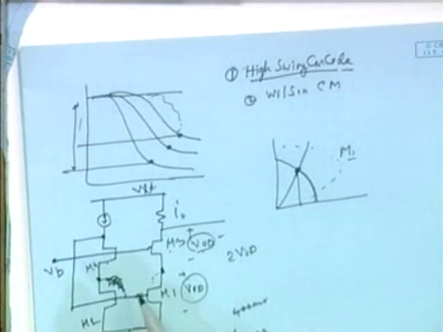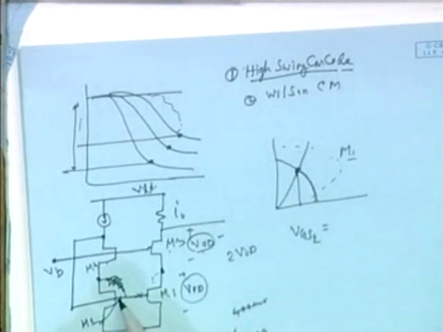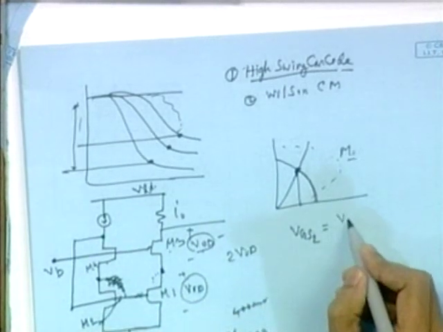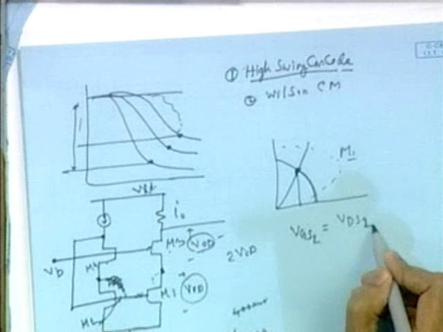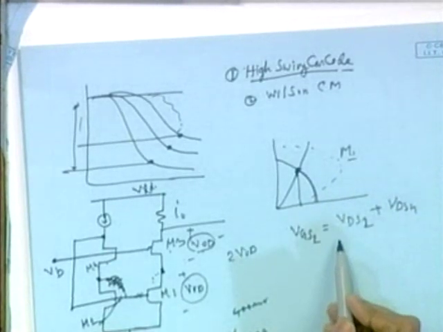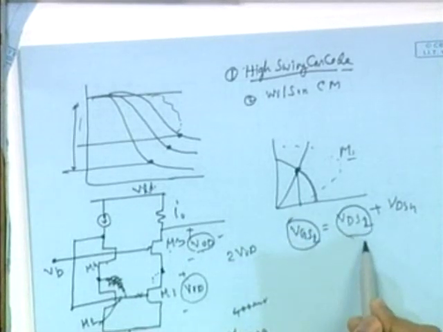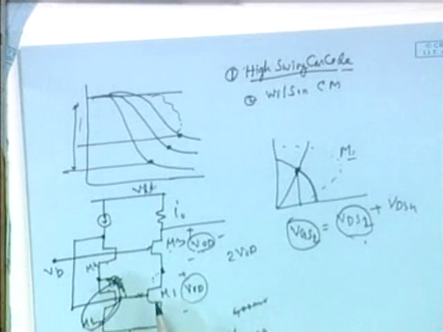And also one more thing you can note is that M2 is always in the triode region, because VGS2 is equal to VDS2 plus VDS4. Okay, so VGS2 is always higher than VDS2, so it will be operating always in triode region or at the triode saturation boundary, not in the deep triode region.